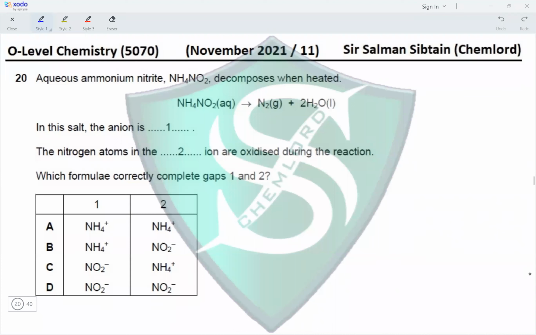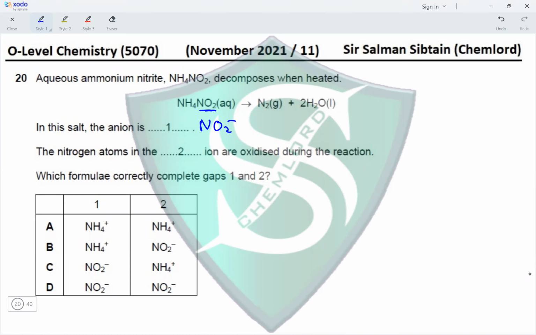Question 20. Aqueous ammonium nitrite, NH4NO2, decomposes when heated and the equation is given. In this salt, the dash ion is NO2 minus. The nitrogen atoms in the dash ion are oxidized during the reaction.